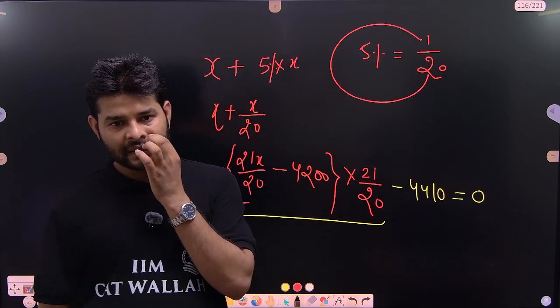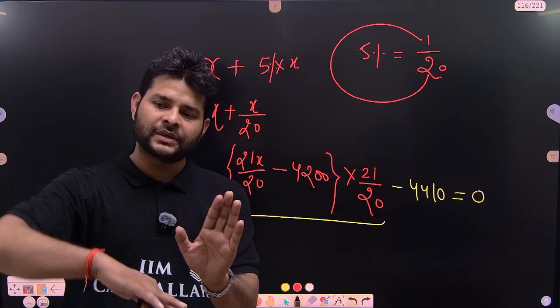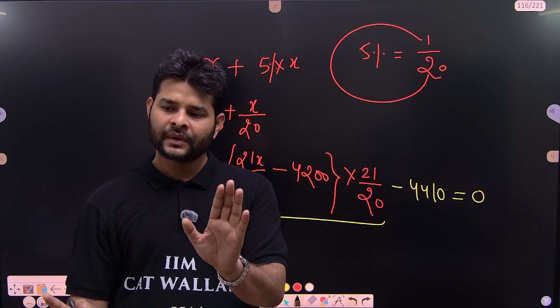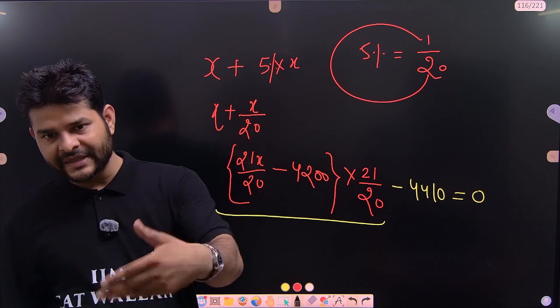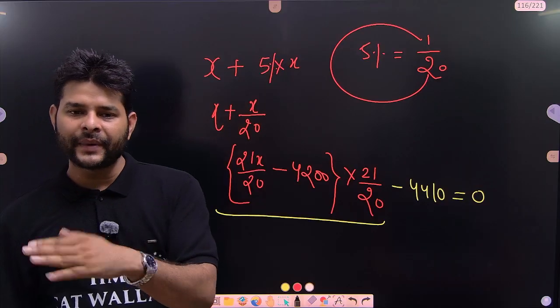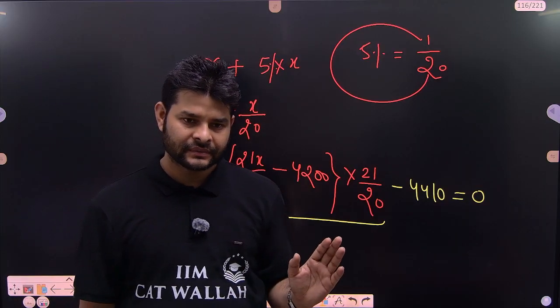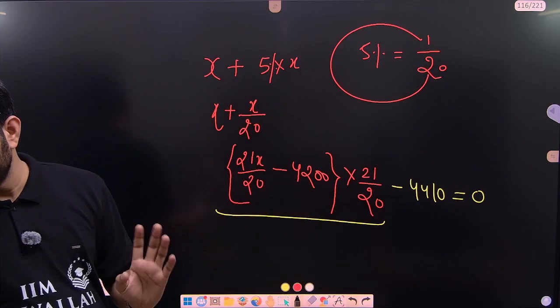There must be some amount. On that amount, I need to impose 5% again. And at the end of the second year, I pay 4,410 and I have paid all my dues. Clear?